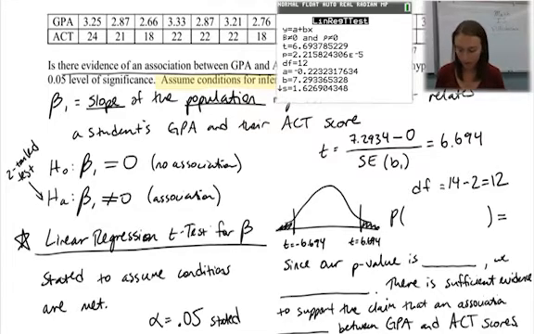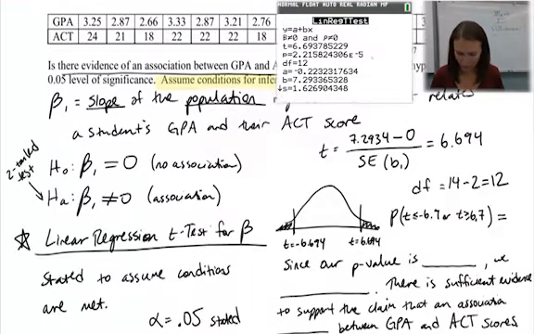When I write my probability statement, I'm going to have t is less than or equal to negative 6.7, or t is greater than or equal to 6.7. Then I can write that probability down, which here I've got, 2.2 times 10 to the negative 5th.